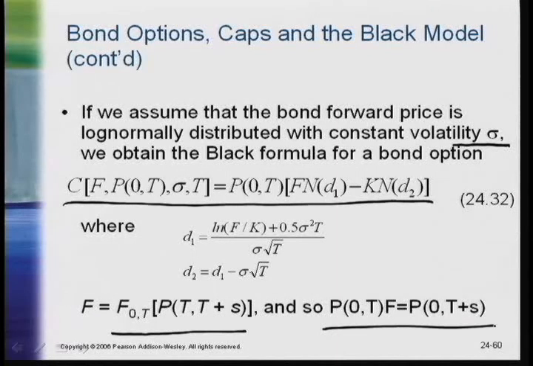So the advantage of this model, and this is an application of the exchange rate model, it's a present value of these future prices, is that all the parameters in this formula, P(0,T) times F, that's a price today of the T plus S period zero, and K is a constant, and P(0,T) is known.